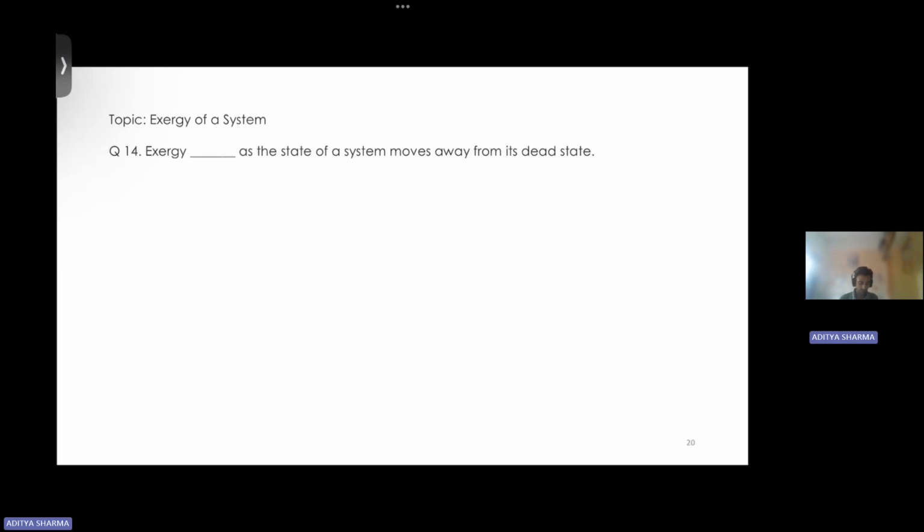Okay, so next question is on exergy of a system. So this is a fill in the blank type of question. And it states question number 14, exergy dash as the state of system moves away from its dead state.